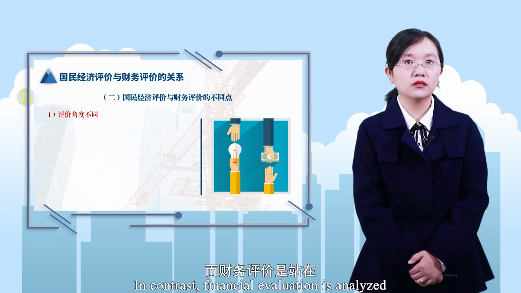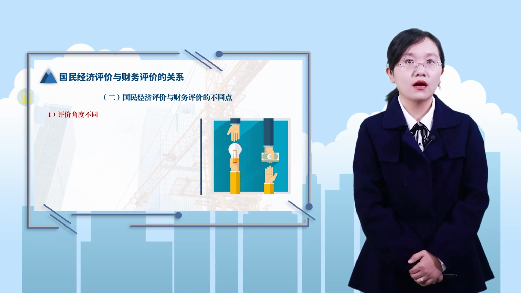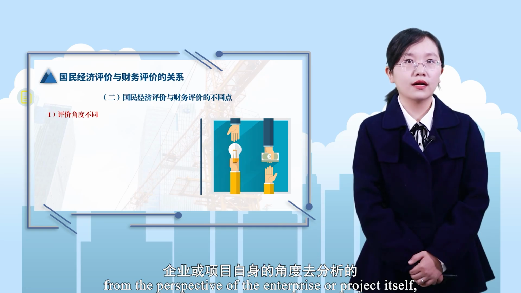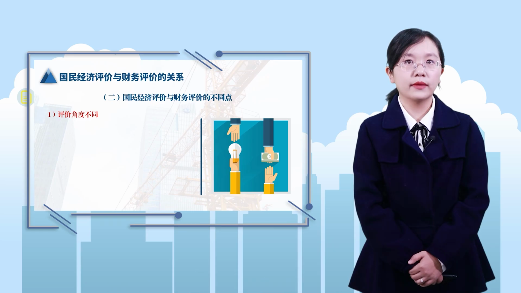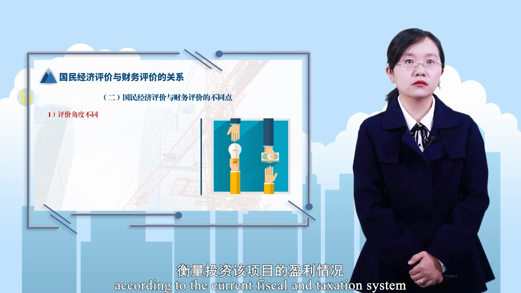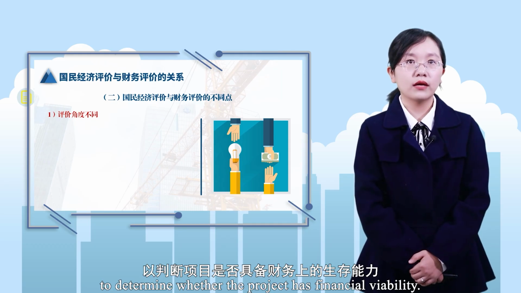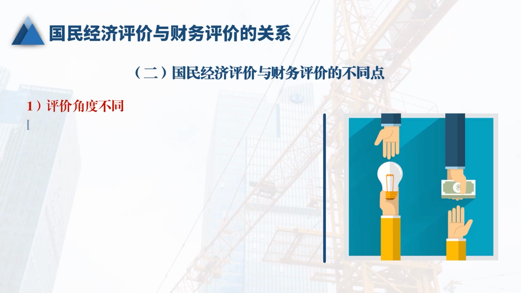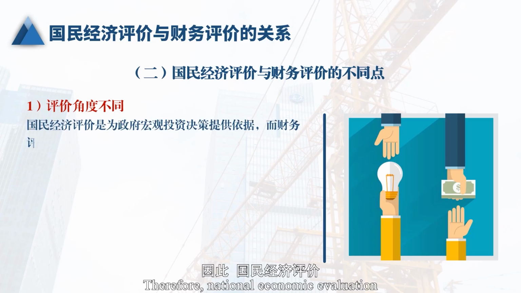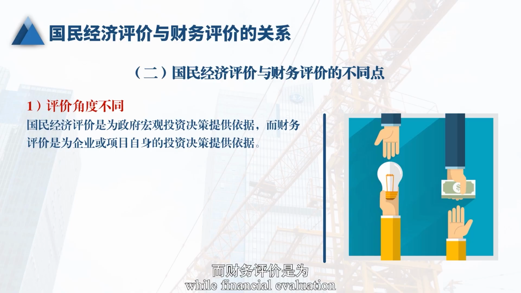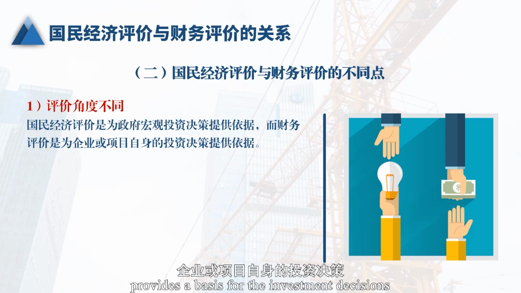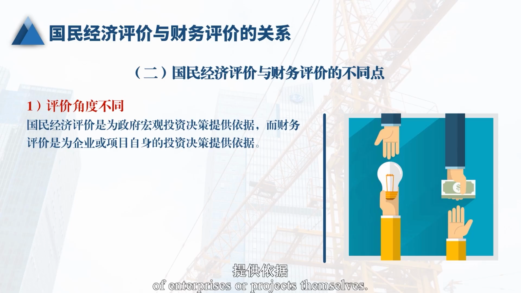In contrast, financial evaluation is analyzed from the perspective of the enterprise or project itself, measuring the profitability of investing in the project, according to the current fiscal and taxation system, to determine whether the project has financial viability. Therefore, national economic evaluation provides a basis for the government's macro investment decisions, while financial evaluation provides a basis for the investment decisions of enterprises or projects themselves.